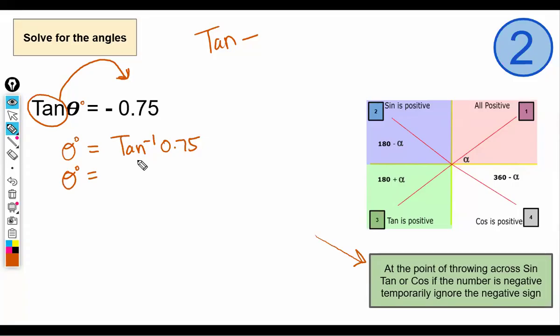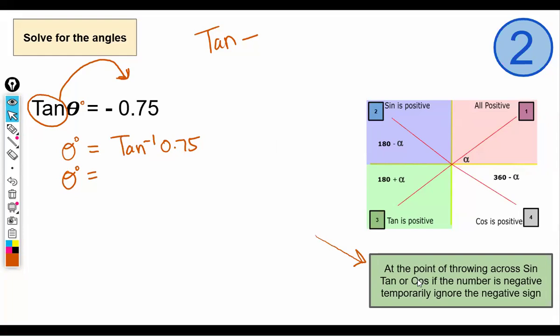It's like when you don't like somebody, you just walk straight past them like they're not there. Same thing with the negative. Guys, you're ignoring the negative sign. You're typing in tan inverse of normal 0.75, not negative 0.75.